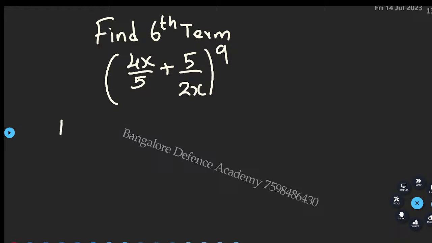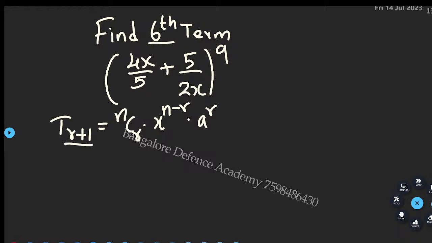So, what is the formula for T(r+1)? nCr x to the power of n minus r into a to the power of r. This is the formula. Everyone, Bharat, pens down now, look here. So r, which term do I have to find? 6. So can I say T6? That means T(5+1).